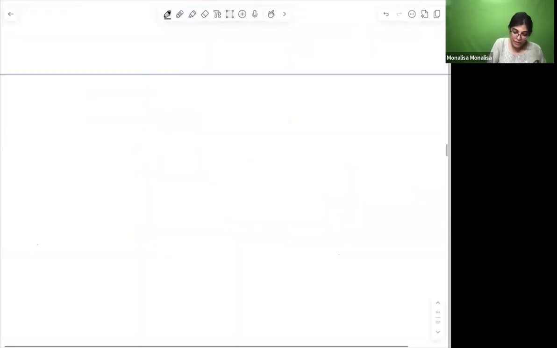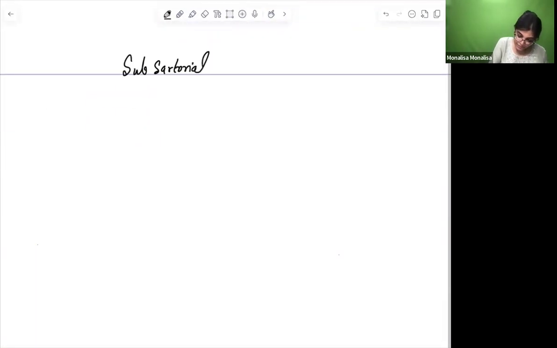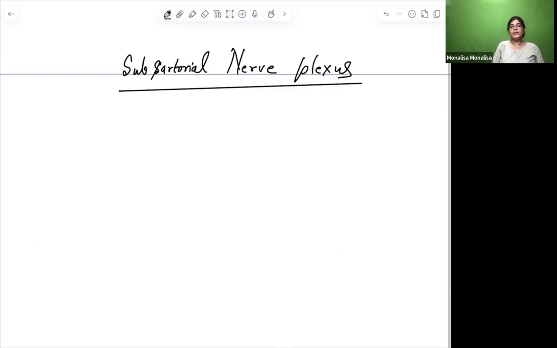So please write down, how is the subsartorial nerve plexus formed? Plexus means multiple nerves. There are 3 nerves which together form the subsartorial nerve plexus.